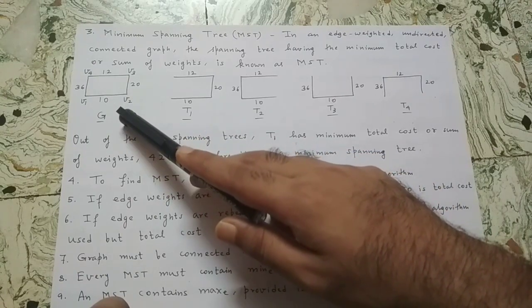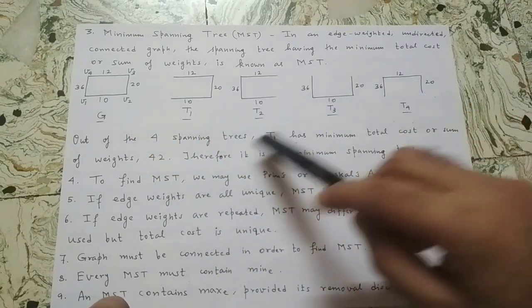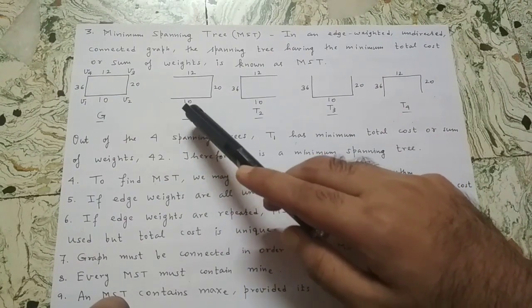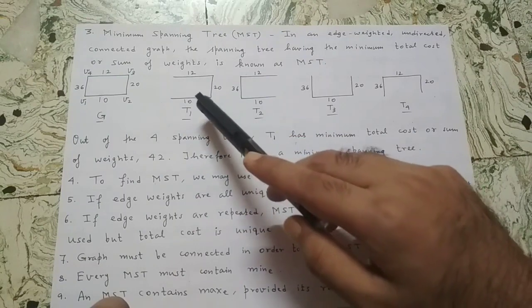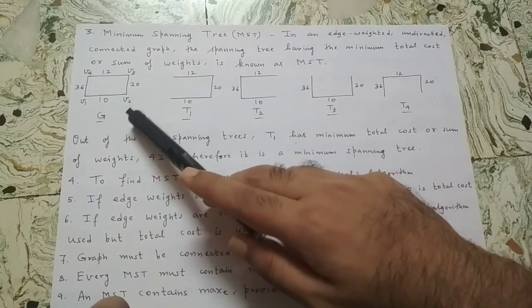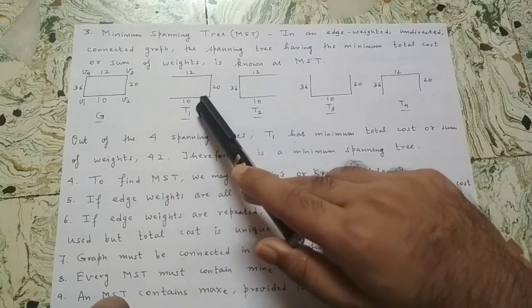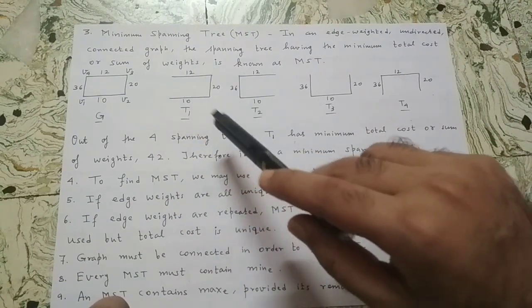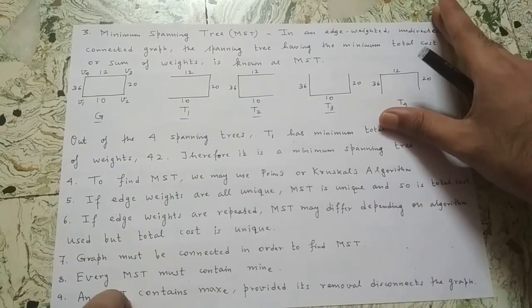Now from this connected graph, you can generate 4 spanning trees. You can see here that T1 is a spanning tree. Why? Because there is no cycle. All the vertices present in G are also present in T1. And T1 is connected. So these are the 3 conditions for a graph to be a spanning tree.